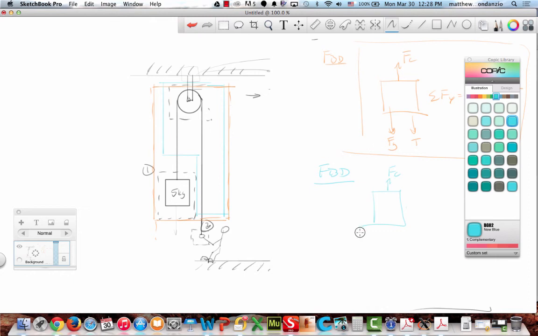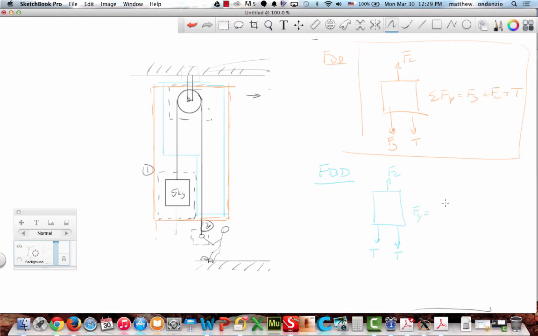FC. What's coming out the bottom of my box? And? Well, I know that the sum of the forces in the y are equal to 0, which is equal to FC plus 2t, right? So FC is equal to the opposite of 2t.